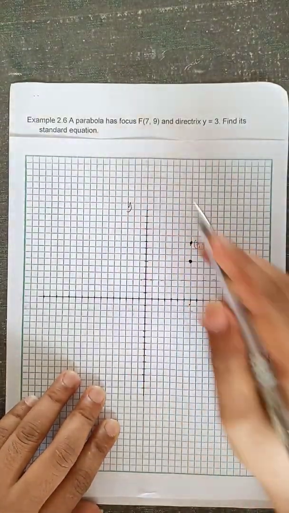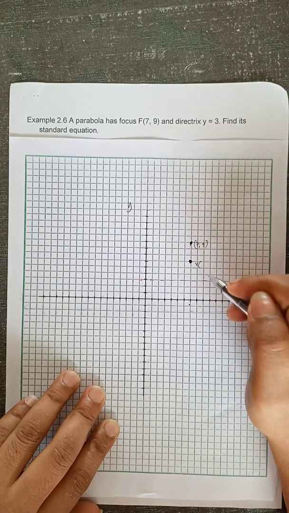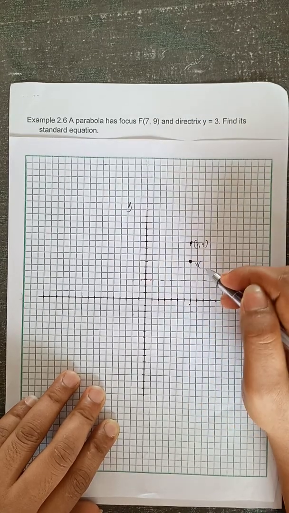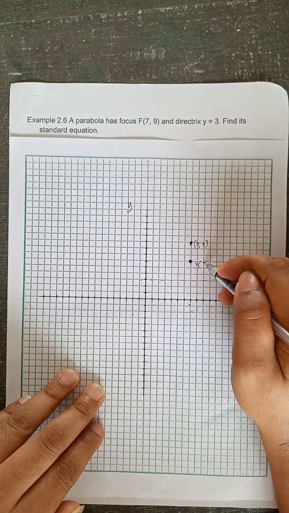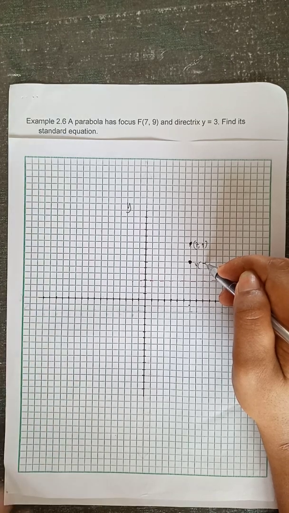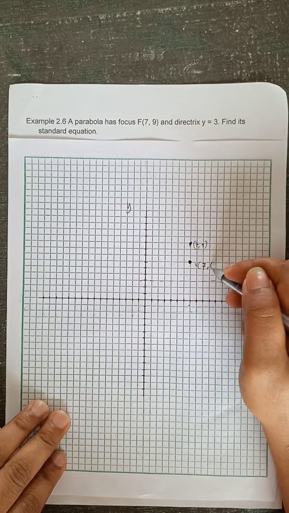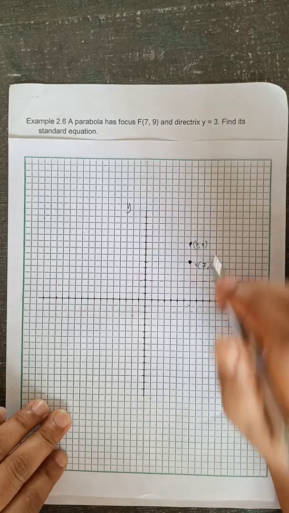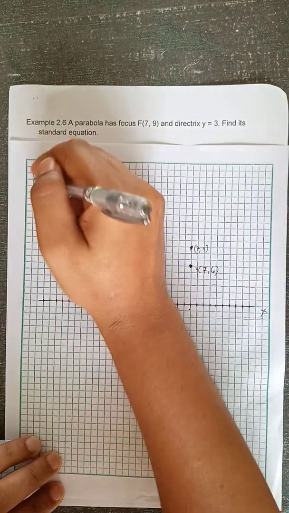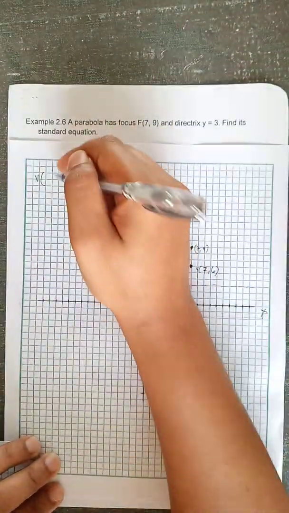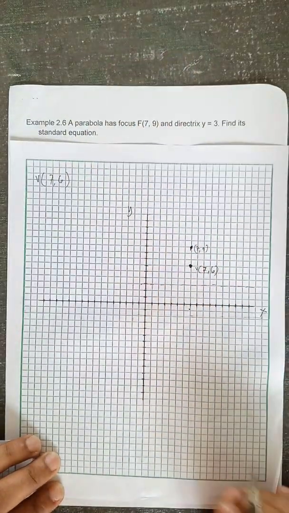V is equal to 1, 2, 3, 4, 5, 6, 7 and 6. Okay, we have the vertex 7 and 6.